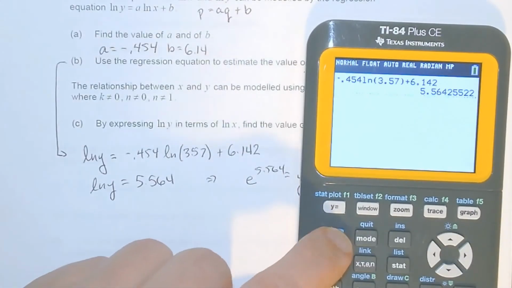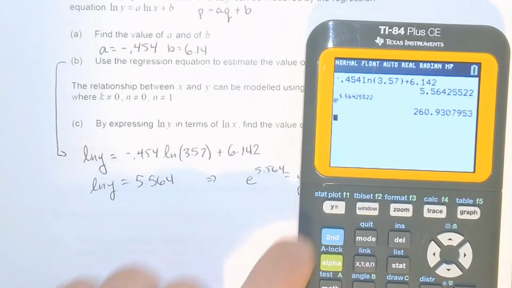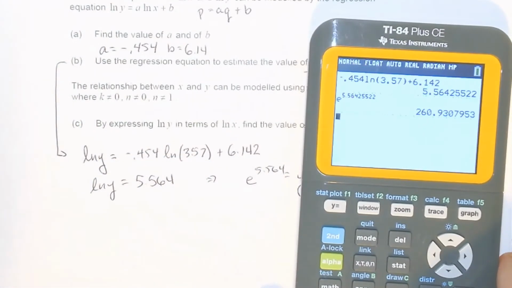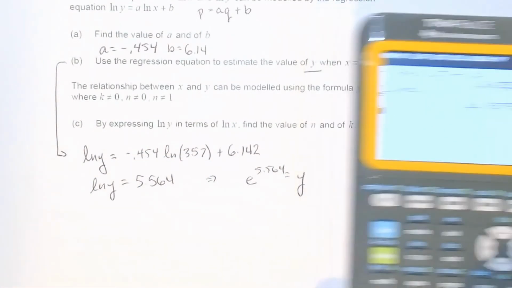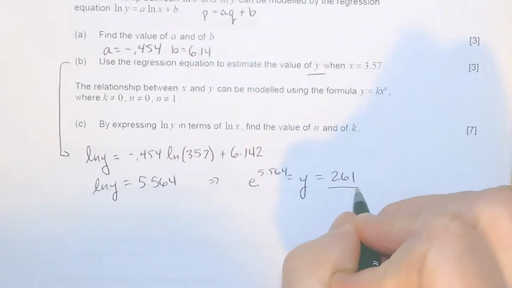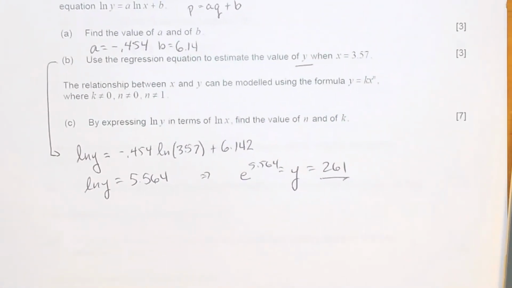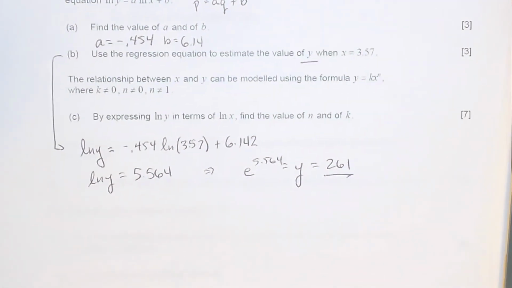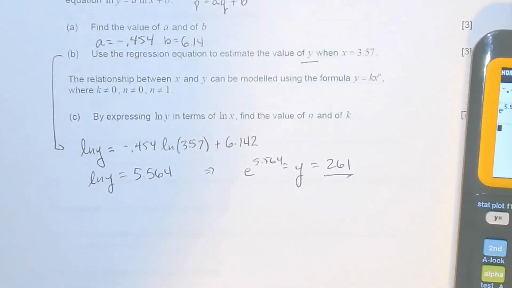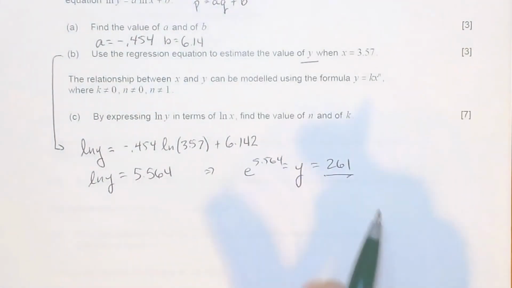I'm going to put this into my calculator, and I get somewhere around 261. So I'll write 261. There are 3 significant figures. I suppose if you had rounded to 5.56, you would have had a slightly different answer, but here we go.